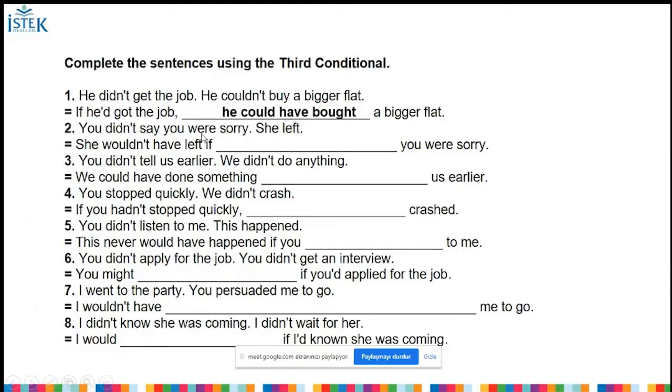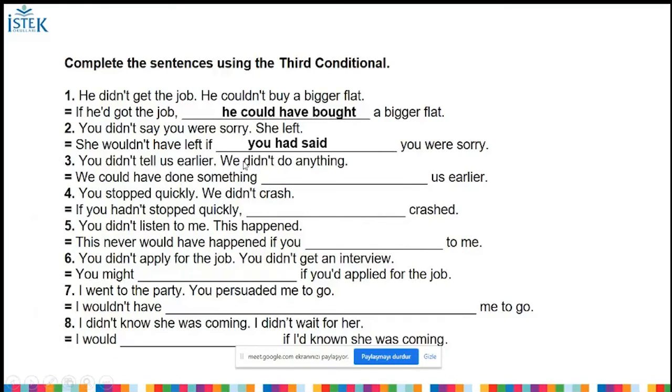You didn't say you were sorry. She left. She wouldn't have left if, with the if part, we need to use past perfect. Didn't say becomes hadn't said. Had said you were sorry. 3. You didn't tell us earlier. We didn't do anything. We could have done something.